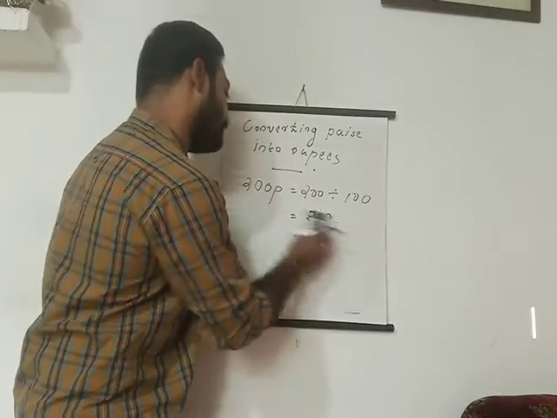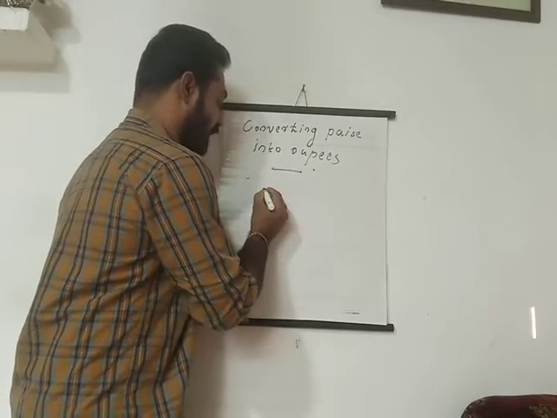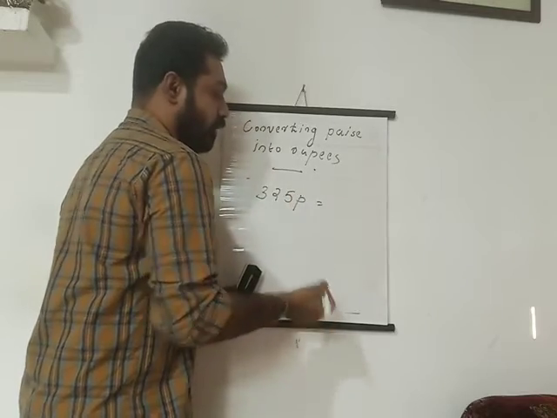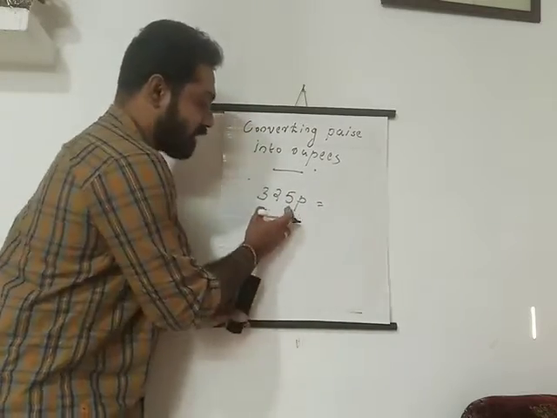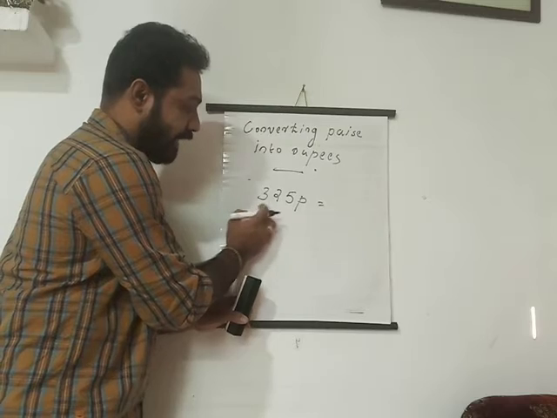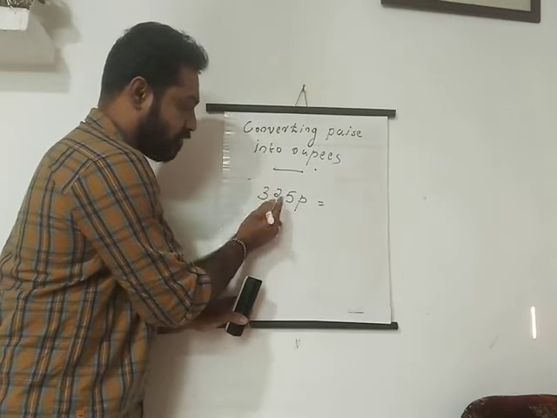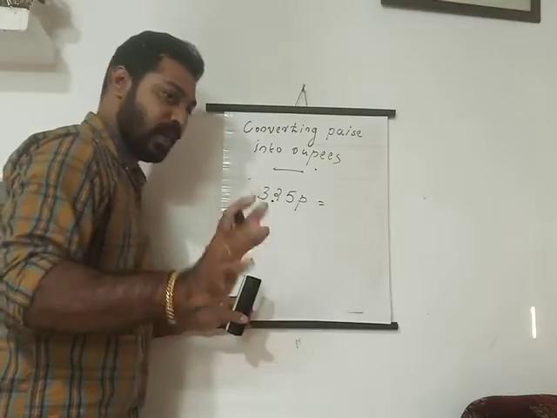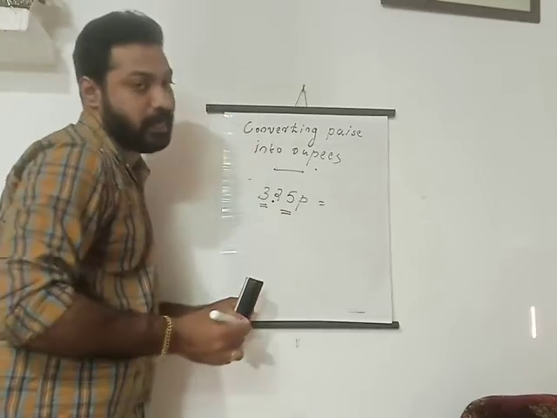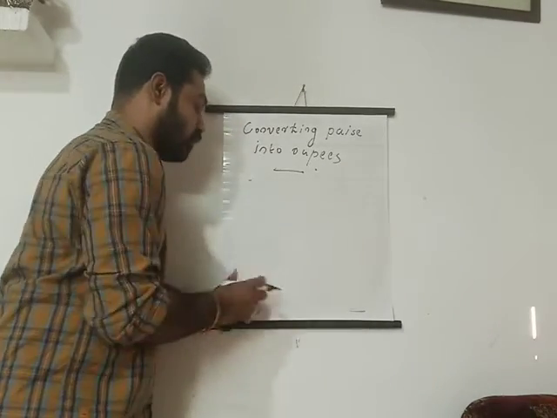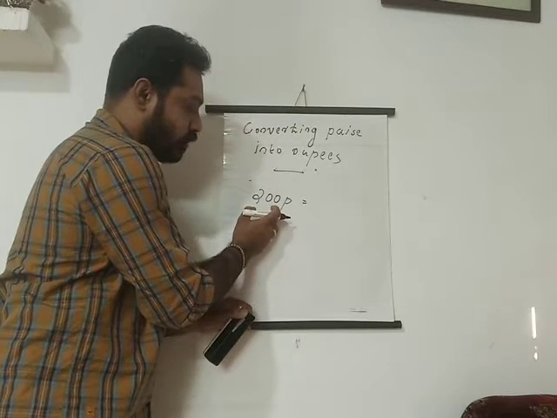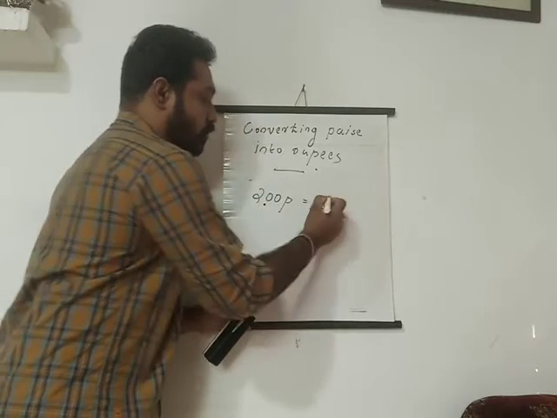When this kind of thing comes, what you have to do is, again an example, 325 paise we need to convert into rupees. From the right end, take 2 digits, 1, 2, and after that just put a point there. Imagine it. Then the part before the point makes the rupees and the remaining part is paise. The first question we took, 200 paise: from the right hand take 2 digits, 1, 2, and we get rupees 2.